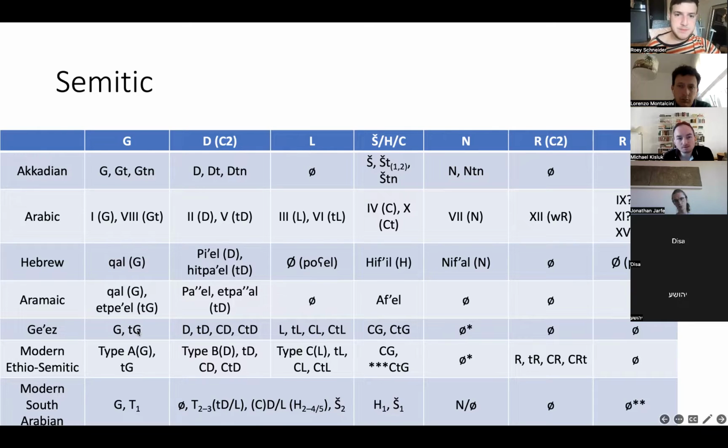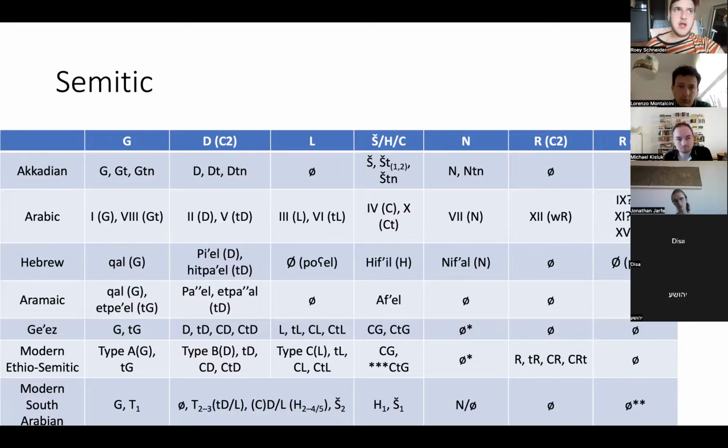Yes, Michael. Okay. Why Hebrew hitpael is not... Oh, we will talk about this in a second, but hitpael is the T reflexive of the D. So hitpael comes from pi'el. Hitpael has a dagesh in the ayn. Yeah.